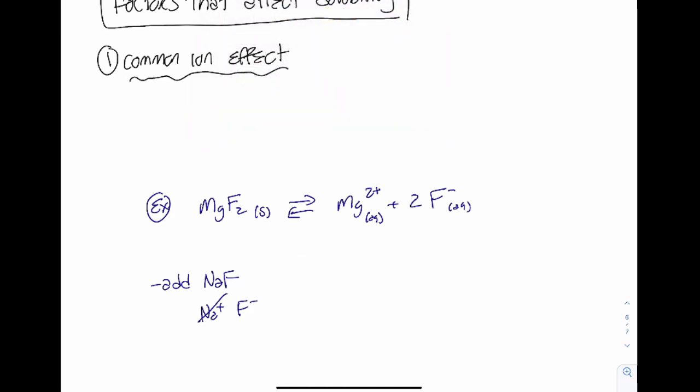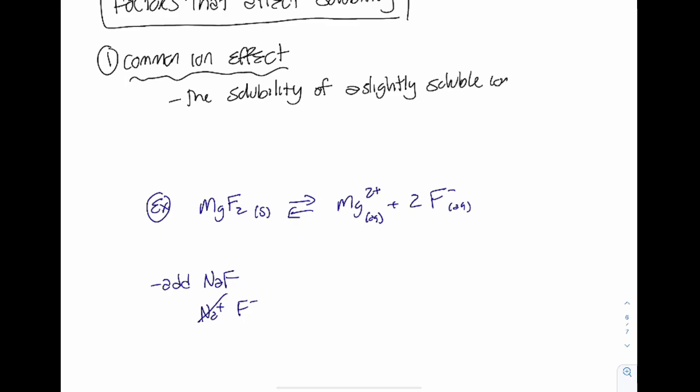So that's what we want to write here. The solubility of a slightly soluble ionic compound is decreased in the presence of a common ion.